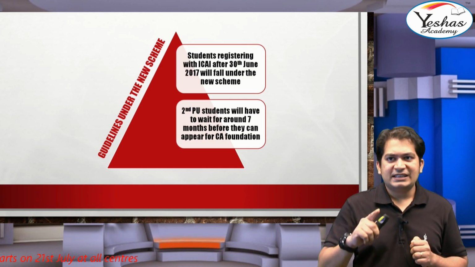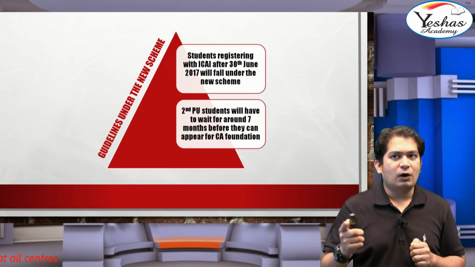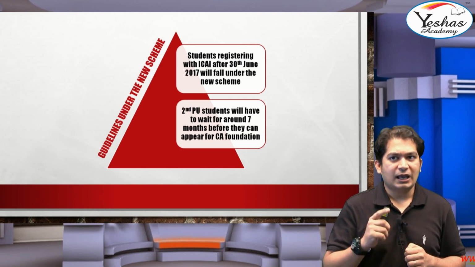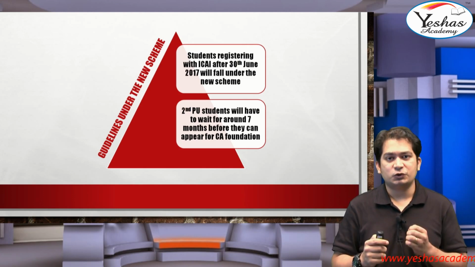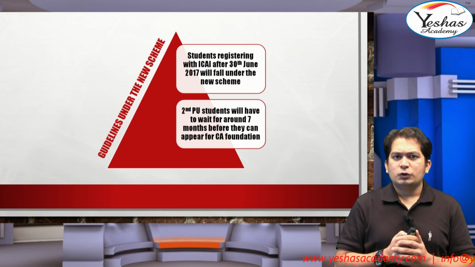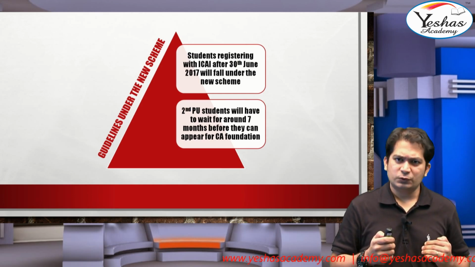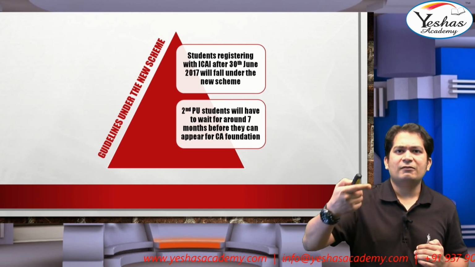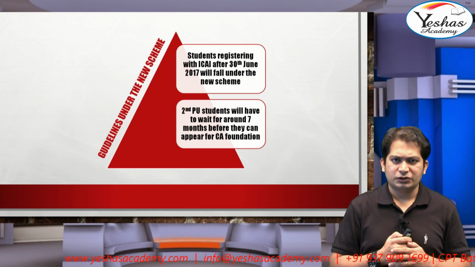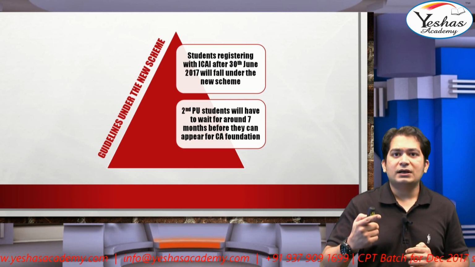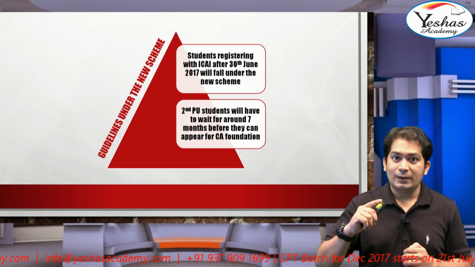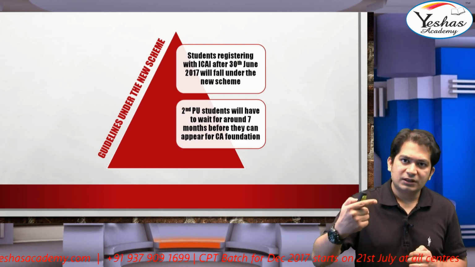Next, second PU students will have to wait for around 7 months before they can appear for the CA Foundation. For example, students who are in the first PU this year, in 2017, will be taking their boards next year in the month of March. So they cannot appear in the month of May. They will only be allowed to appear in the month of November.